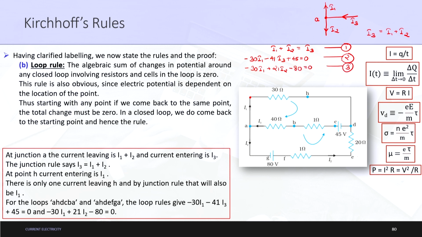Hence, these are the three equations which we got. As we know, three equations, three unknowns, and we can find out the values of I1, I2 and I3, and that is the complete use of Kirchhoff's rules. Okay. So, this is the complete conclusion.